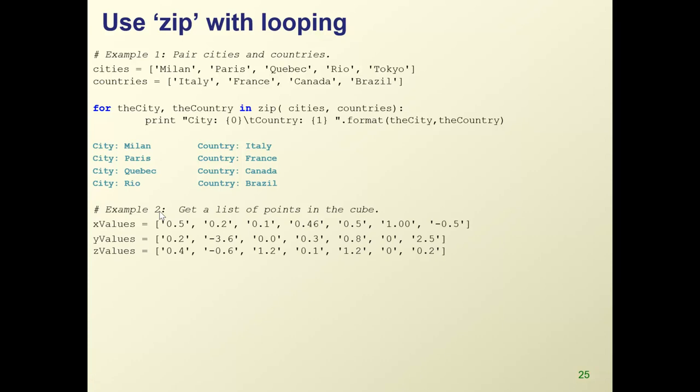Here's another slightly more complex example in which we're going to do a conditional statement because we want to check if a point is within a cube that is 1 by 1 by 1 and anchored at 0, 0, 0 and 1, 1, 1.